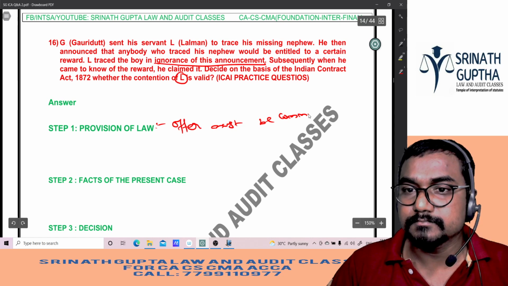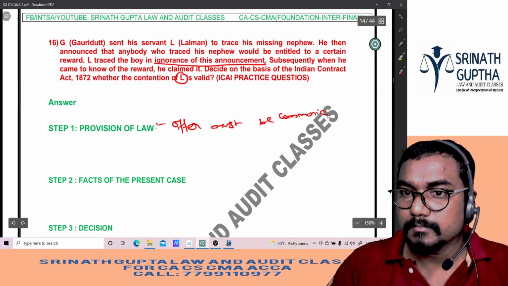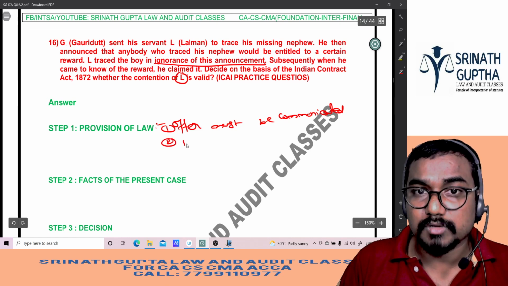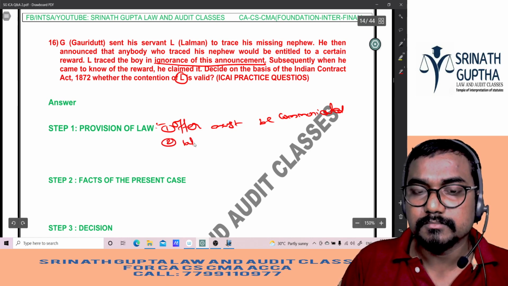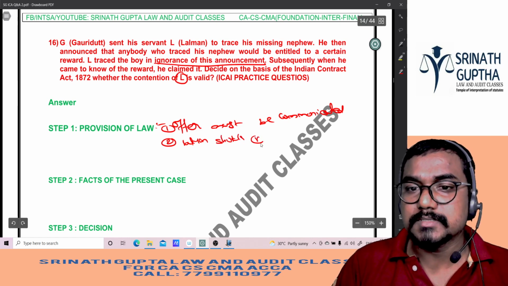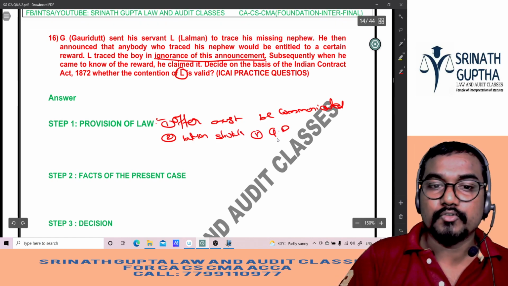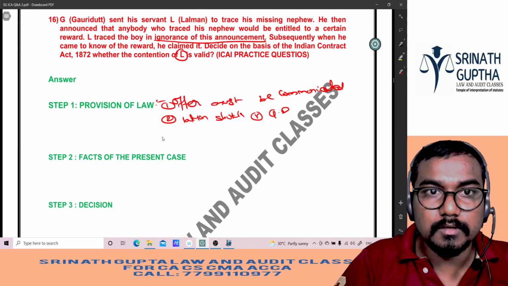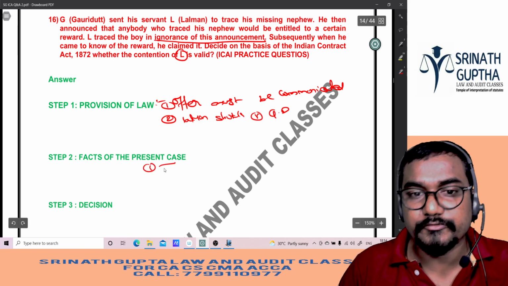Isn't it, beta? We have studied the Lalman Shukla versus Gauri Dutt case law also. Facts of the case: Gauri Dutt lost his nephew.